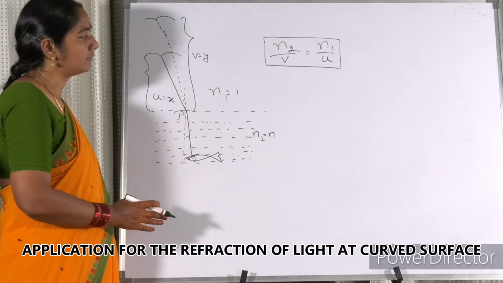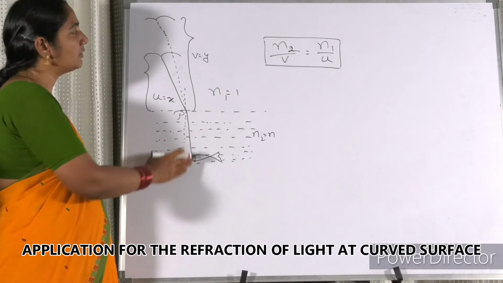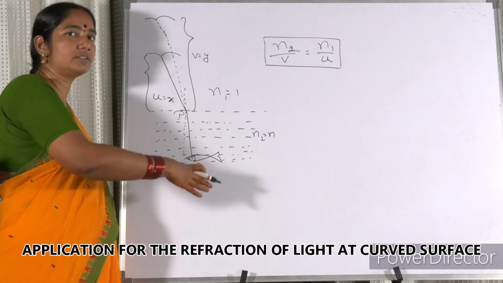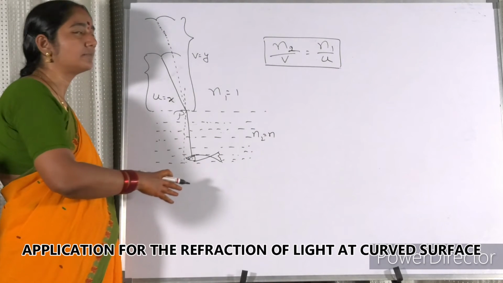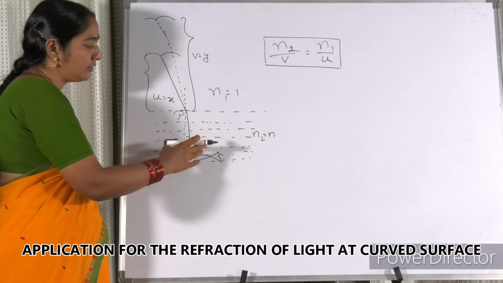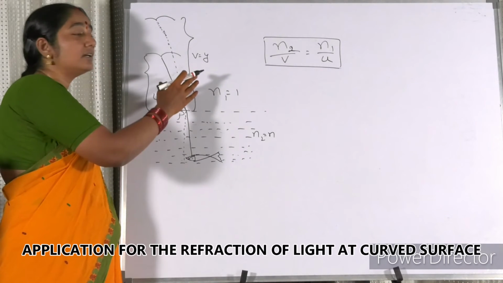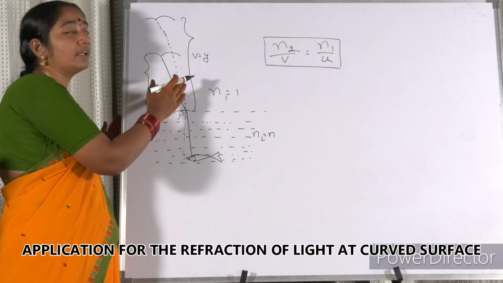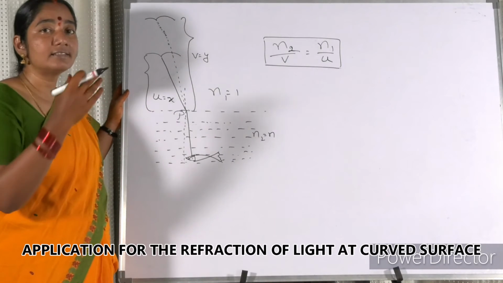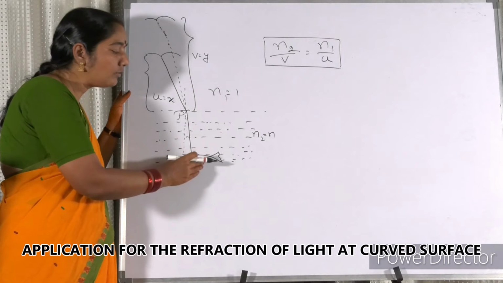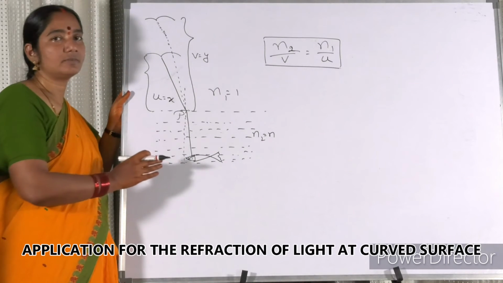There is a fish observing a bird that is flying. And the bird is rushing towards the fish to catch it. For the eyes of the fish, how is the bird looking? Is it going faster than the real speed? In what way does the bird appear for the fish?